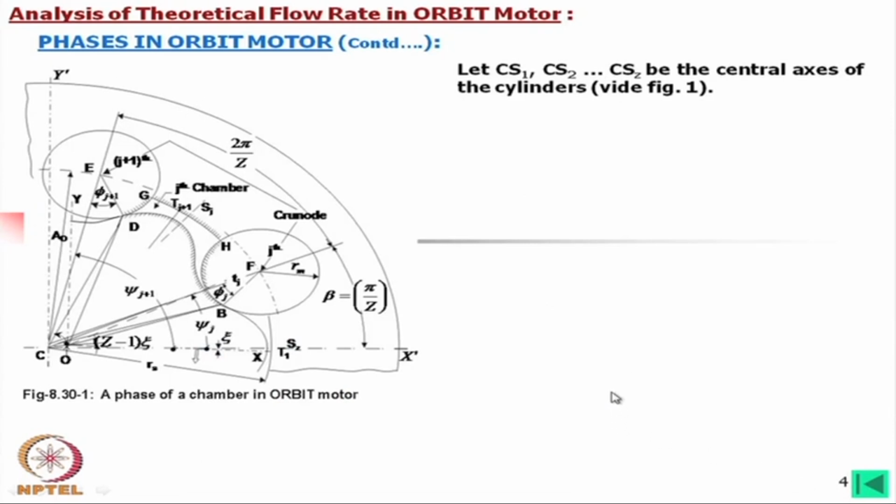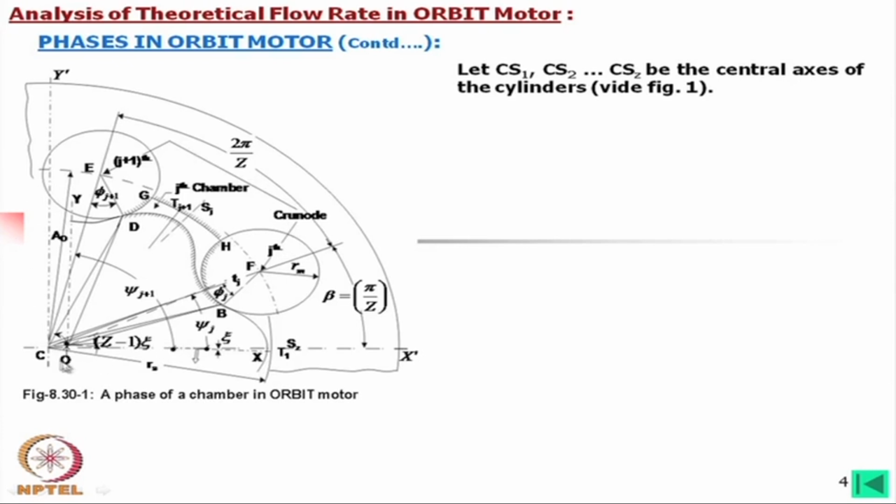Now, we have taken some axes on the star and ring. What are those? We have taken C S1, C S2, C S Z as the central axes of the cylinders. This means the envelope is acting as a cylinder.